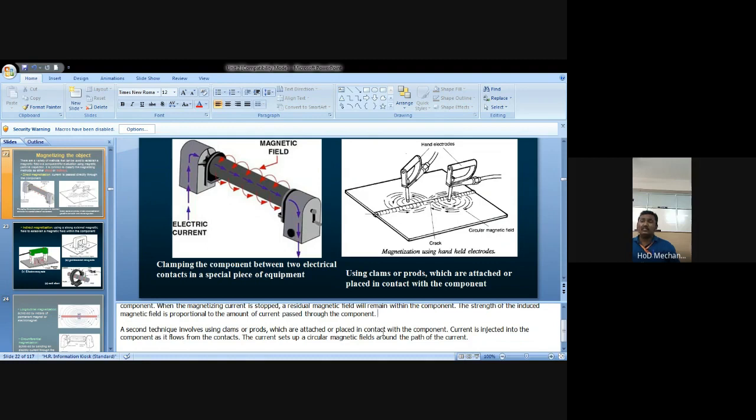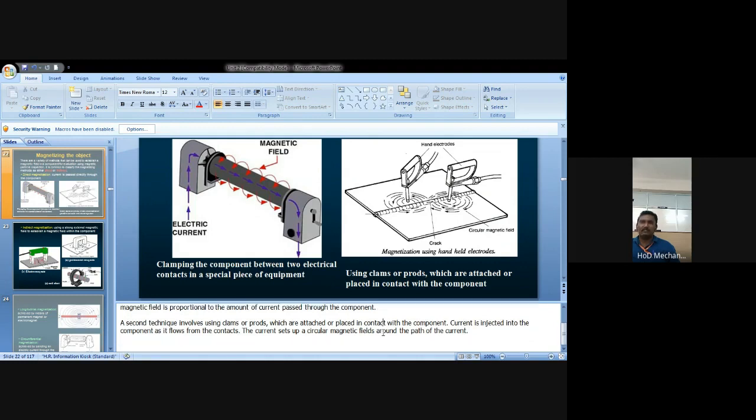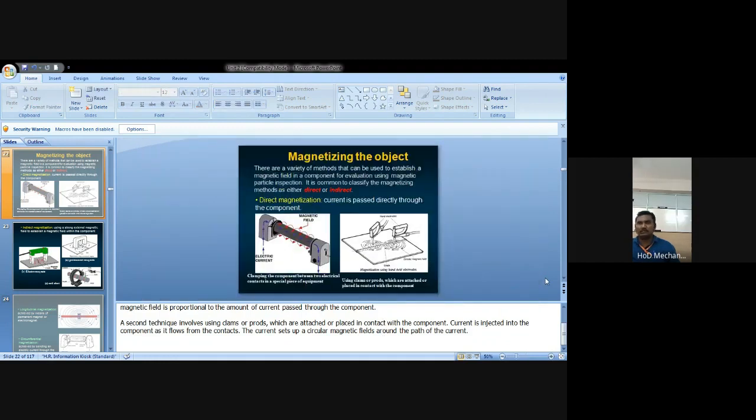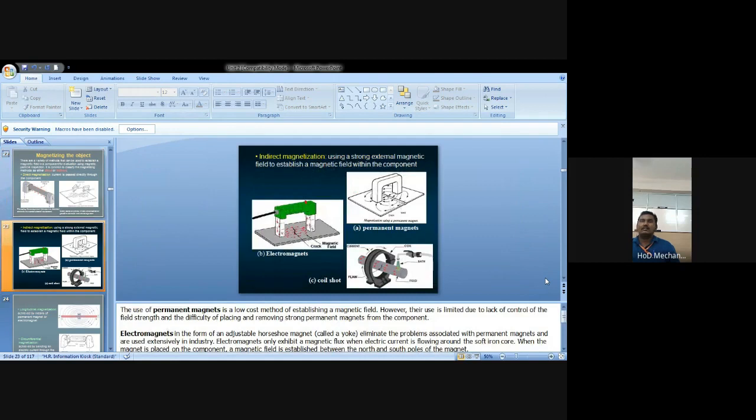By using this probe, the current is injected into the component as it flows from the contact. The current sets up a circular magnetic field around the path of current. Okay, so those are the two types of direct magnetization.